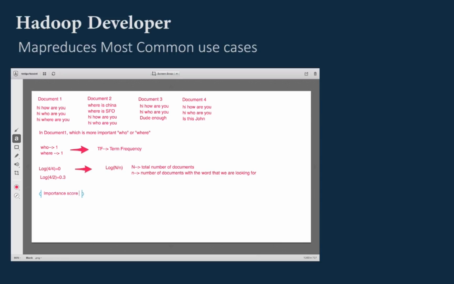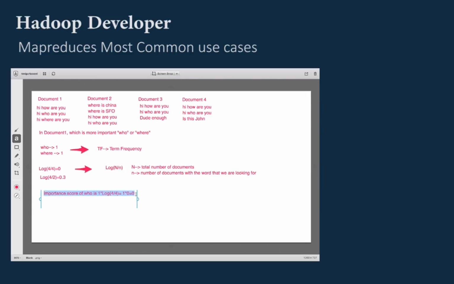So the importance score of who is 1 multiplied by log of 4 by 4, that is 1 multiplied by 0, that is 0.